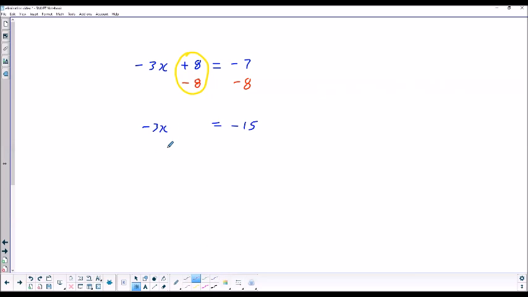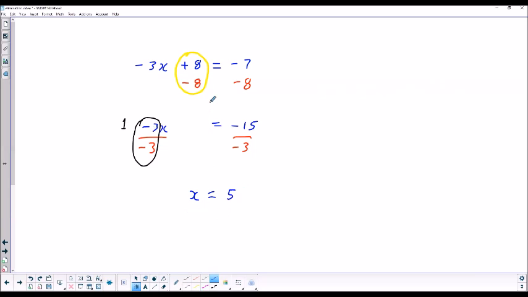So in order to form a 1, just like we did before, I'm going to divide both sides by negative 3, because negative 3 divided by negative 3 goes one time. On the left side we're left with 1x. And when we divide negative 15 by negative 3, I get positive 5.